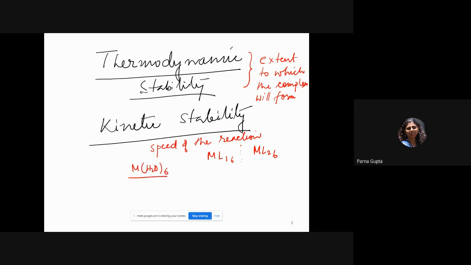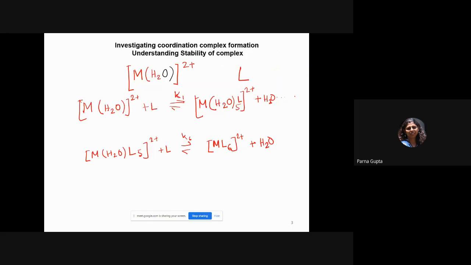In a reaction, if you attain one of them first, and then the second one, you say that this is more kinetically favoured, the speed is more. But whether this will form or not, and even if they form, how stable they are, all these things are taken care of by thermodynamic stability. So there are 6 steps if you go through this.